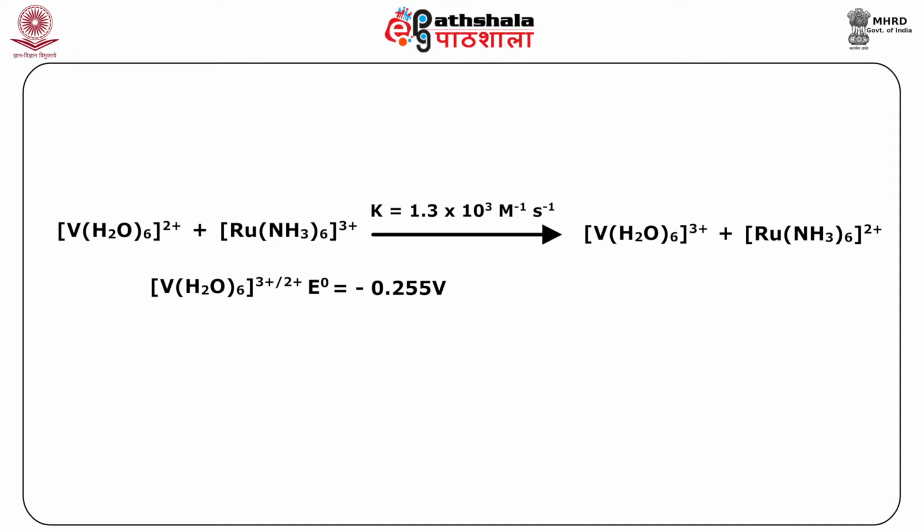So now we are treating an inert complex, the vanadium hexaaqua 2 positive complex, with the ruthenium hexaammine 3 positive d5 configuration complex, and this time the rate of reaction is 1.3 into 10 to the power 3 mole inverse second inverse. You see, the vanadium has been converted to 3 plus and ruthenium is converted to 2 plus, acquiring d6 configuration.